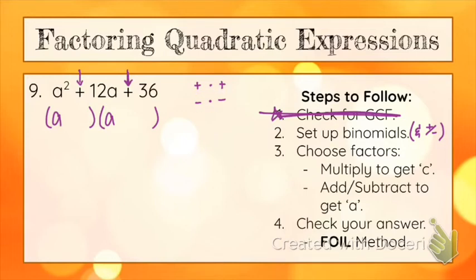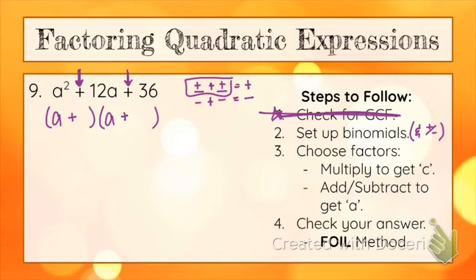So once we know they're going to be the same, let's look at what they have to add up to be. So if you have a positive number plus a positive number, that equals a positive number. But if you have a negative number plus a negative number, that equals a negative number. So since they have to add together to be positive, that means that they are going to be 2 positives.